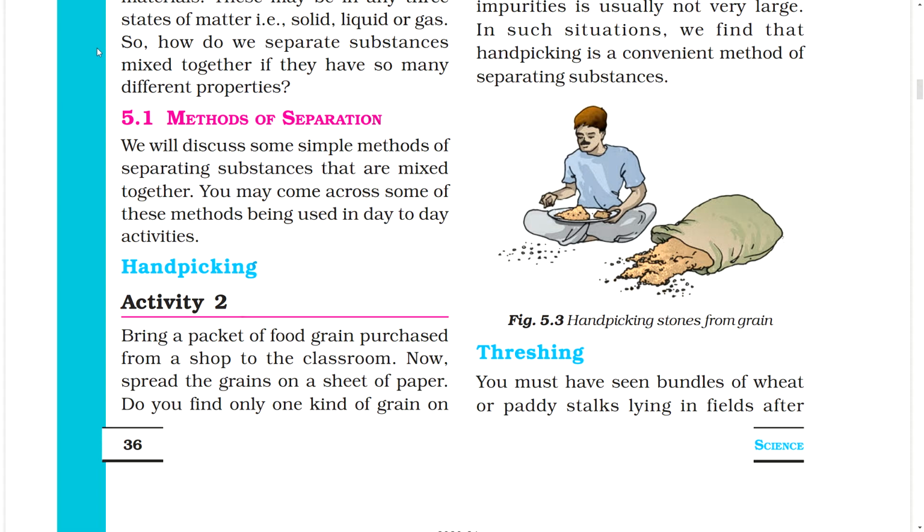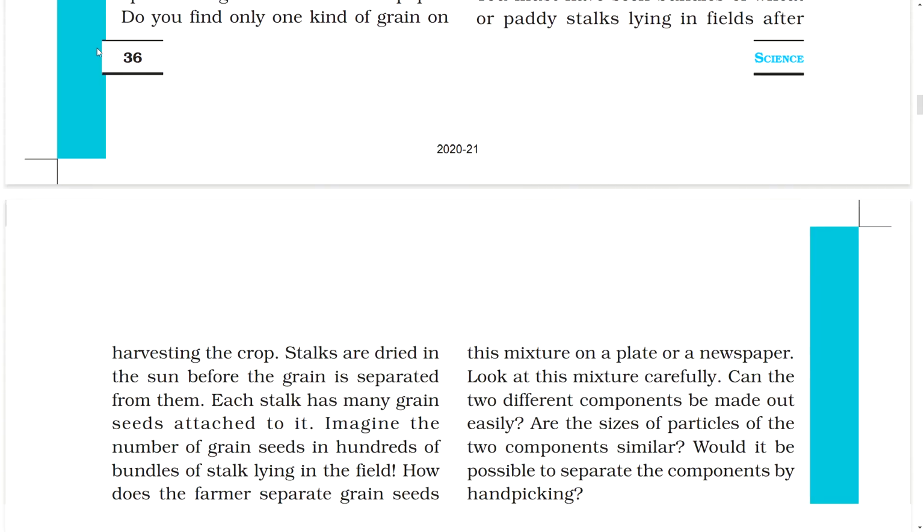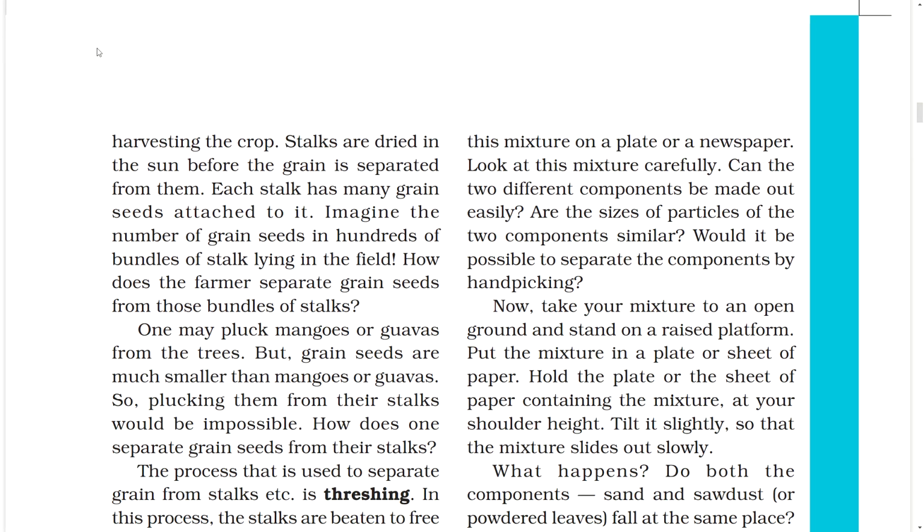Threshing. You must have seen bundles of wheat or paddy stalks lying in fields after harvesting the crop. Stalks are dried in the sun before the grain is separated from them. Each stalk has many grain seeds attached to it. Imagine the number of grain seeds on hundreds of bundles of stalks lying in the field.